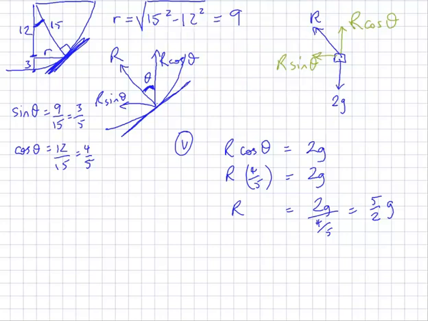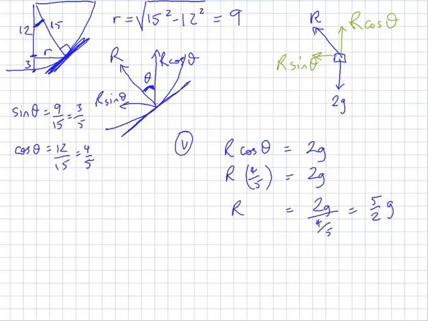We're being asked to show that the angular velocity of the particle is 5√g/3. So we're still going to use g rather than 9.8 in this instance. So R is 2.5g. So that's our normal reaction.